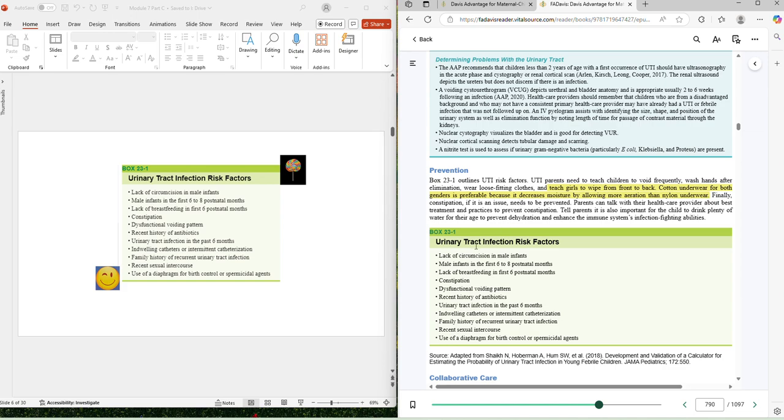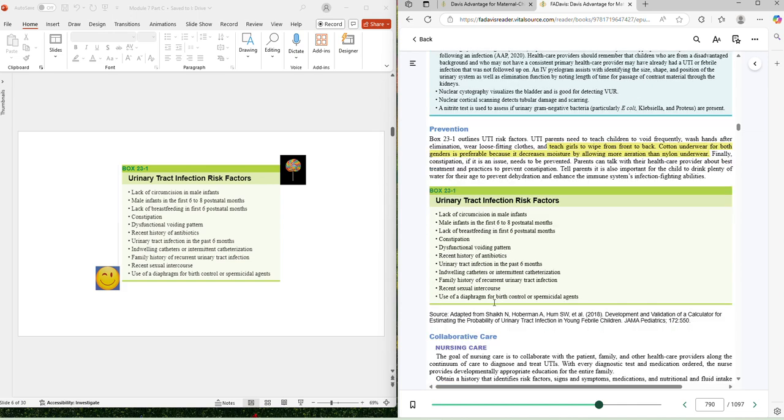Make sure you understand these infection risk factors here, okay? And of course, these three that we talked about are important. Winks and lollipops, okay? All right.